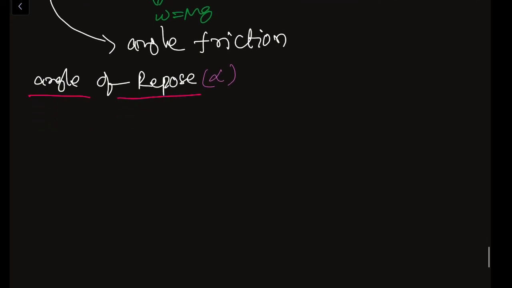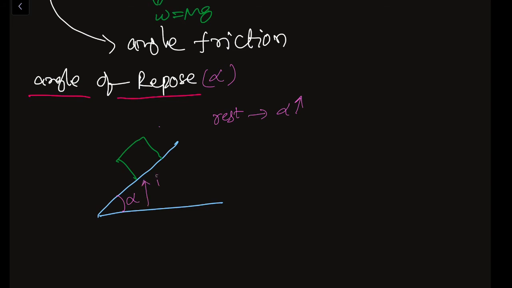Now here we need to take one inclined plane on which we take one object. Here we need to observe an angle, say alpha, otherwise called the inclining angle, whatever it may be. The body is at rest. Then we continuously increase the alpha value.